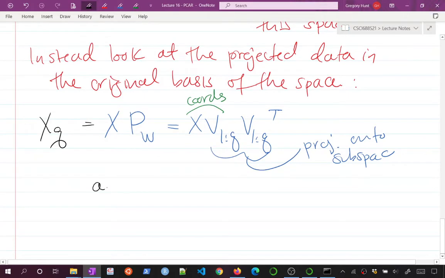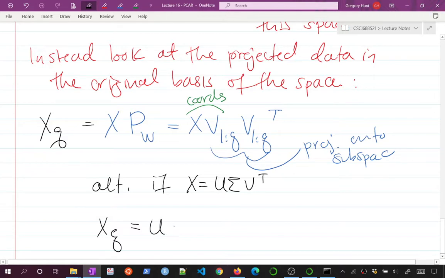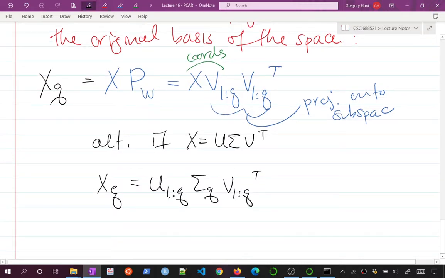Alternatively, X has SVD, U sigma V transpose, and XQ you could write as U 1 to Q, sigma Q, times V 1 to Q transpose, right? Where I take the first Q columns of U, the first Q columns of V, transposed, and this sigma, I was calling it D, wasn't I?